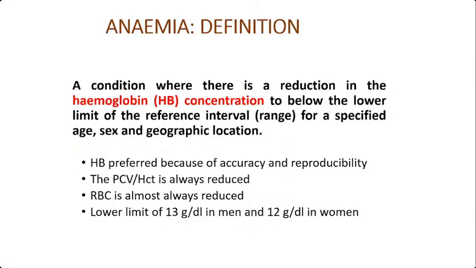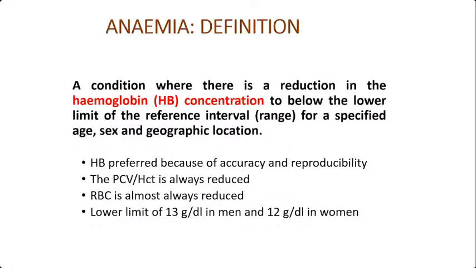So below the limit of the reference interval, and this is for a specified age, sex, and geographic location. We know that the definition is age specific because we know for children, the reference interval for hemoglobin varies according to the age.